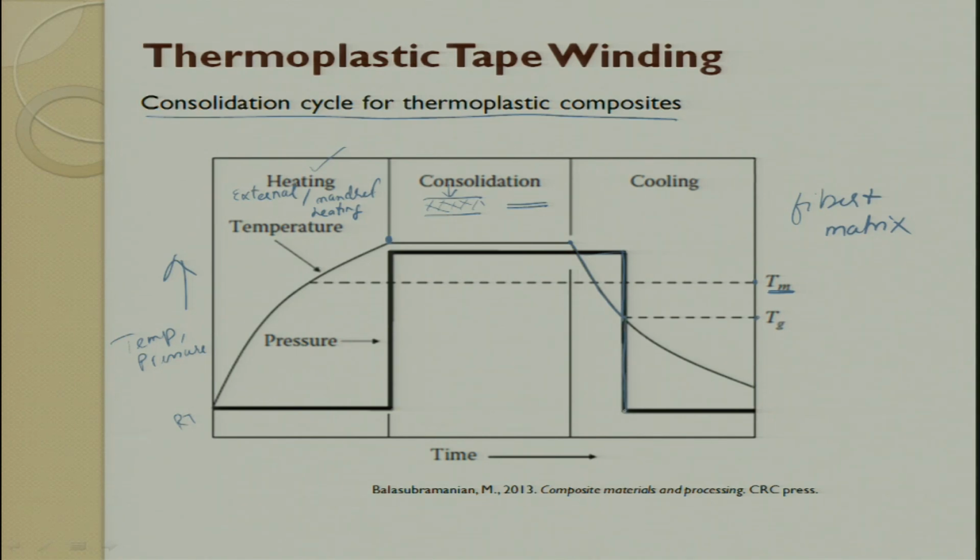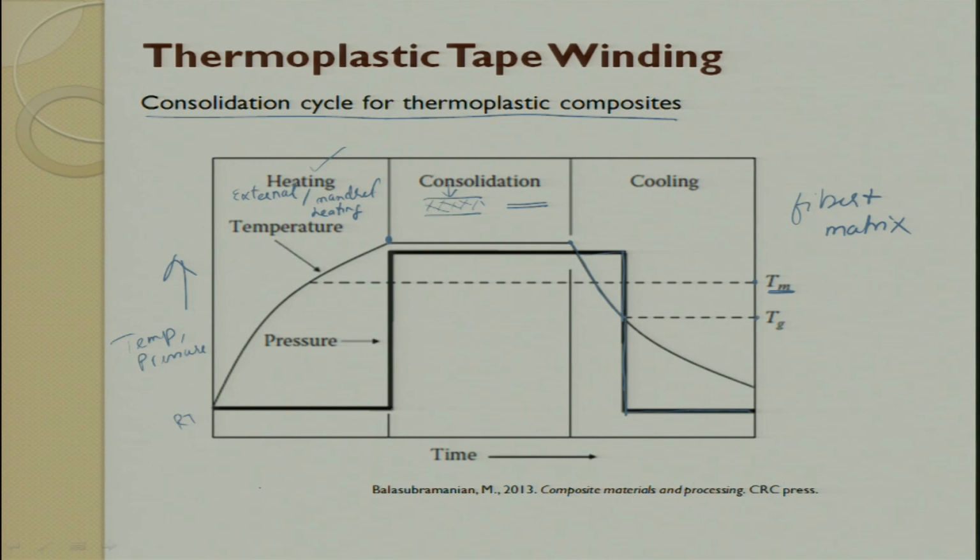The pressure is removed, and finally the pressure is 0, but slowly it is allowed to cool down, either in the die or in the open atmosphere, whatever it is, so that it gets properly consolidated.